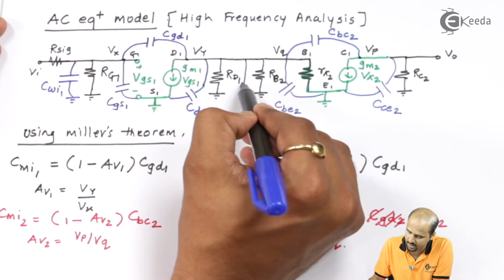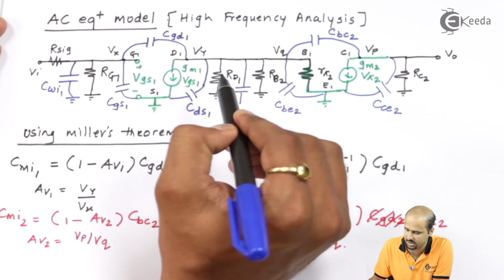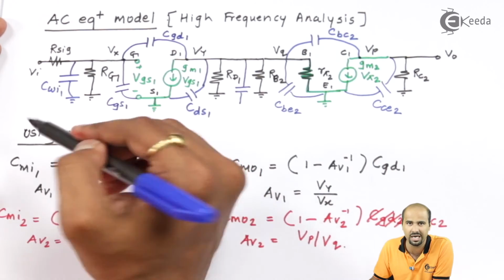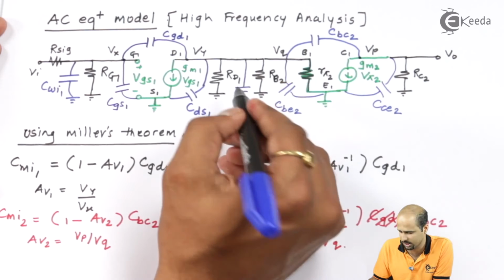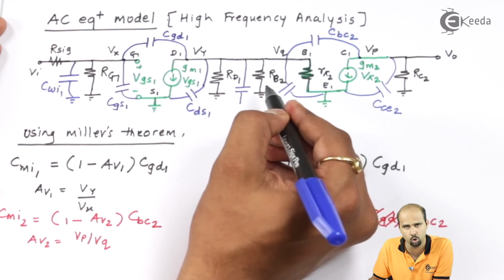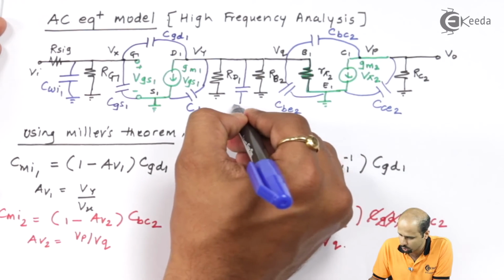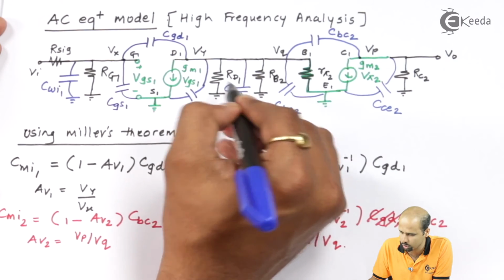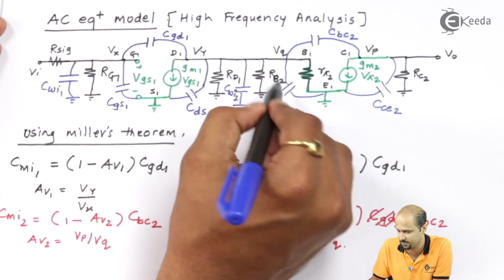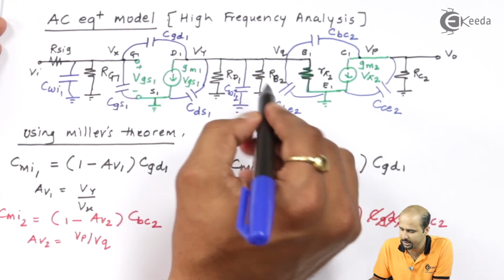Similarly, for the output capacitance of stage 1 and the input capacitance of stage 2, as far as contact capacitance is concerned, you can name it either of the two, right? So I'm naming it CWI2, input wiring capacitance for stage number 2, right?